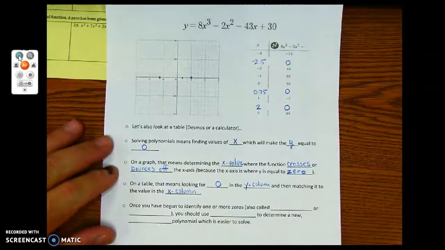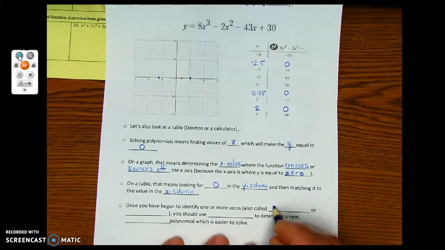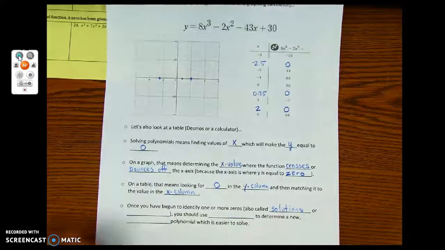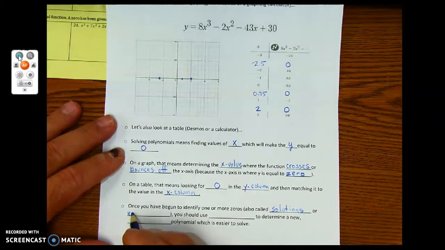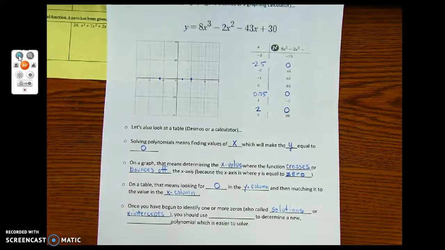Once you've begun to identify one or more zeros by using a graph or a table, by the way, zeros are also called solutions, and you'll see this repeated so many times so you don't get confused. They're also called x-intercepts, meaning where the graph crosses the x-axis.